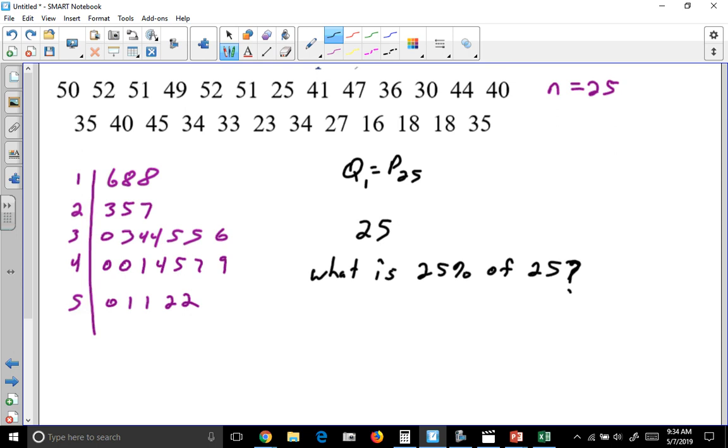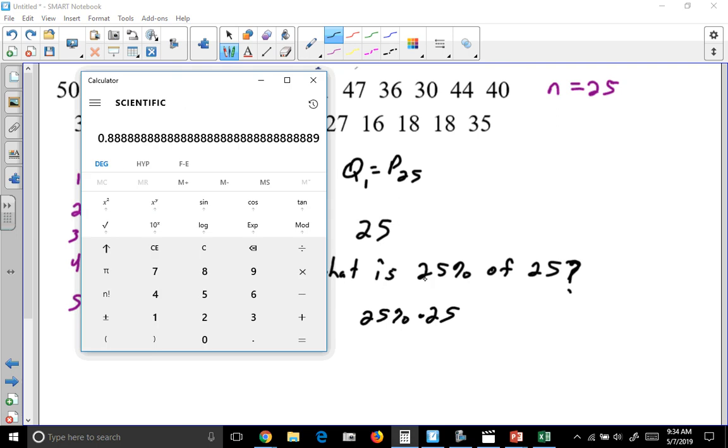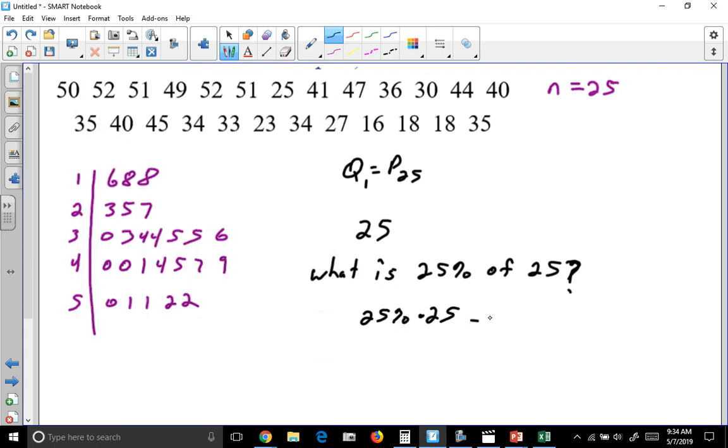So how many pieces would be 25% of 25? So 25% times 25, we can pull out our calculator. 25% of means multiply times 25. So we get 6.25.